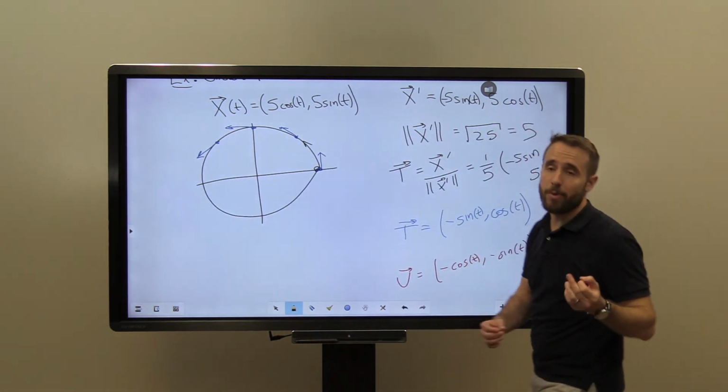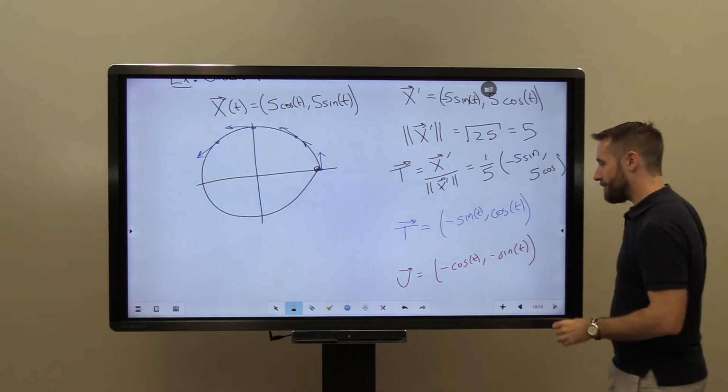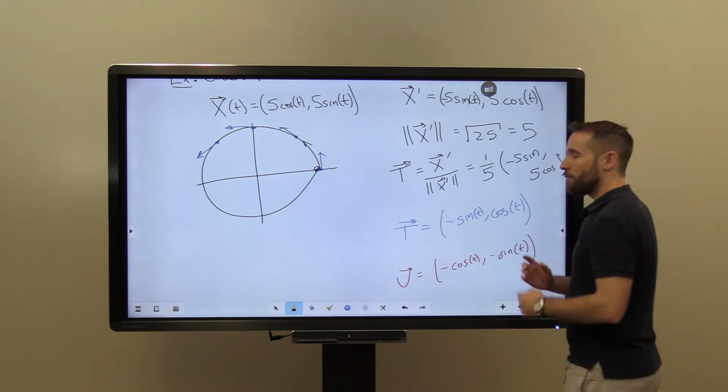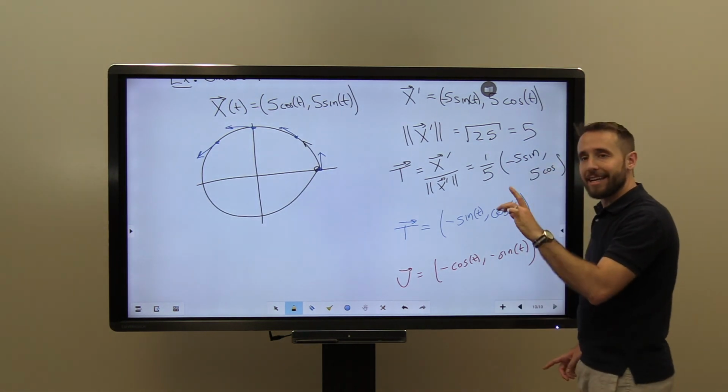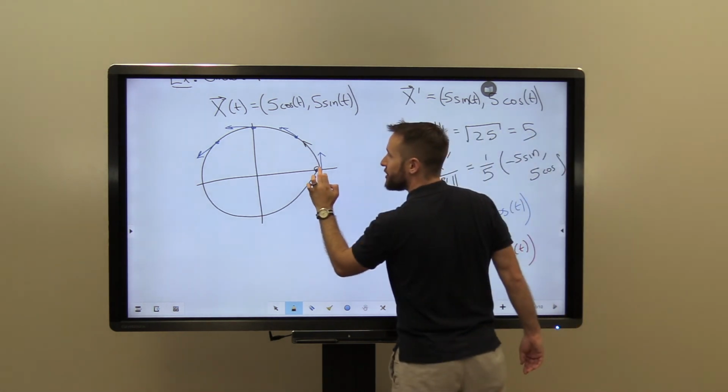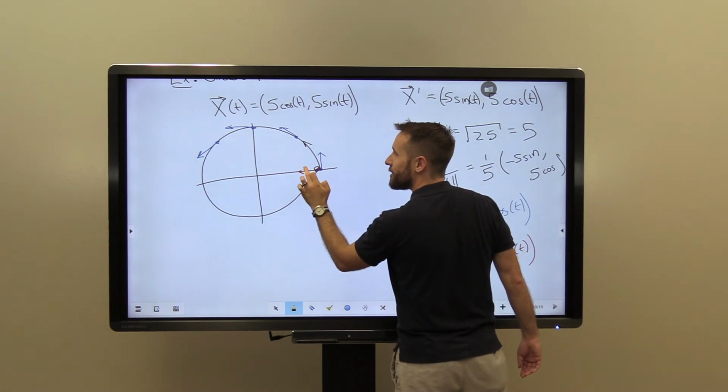At each time t, we can compute this unit tangent vector. And then the unit normal vector will be the vector that is a 90-degree, or pi over 2, counterclockwise rotation of the unit tangent vector.